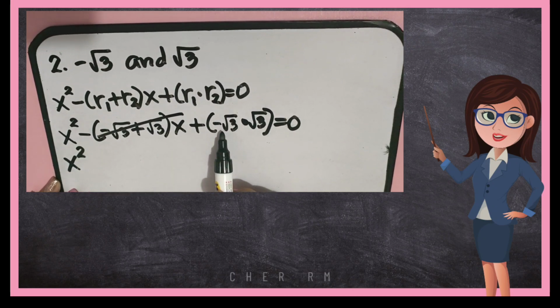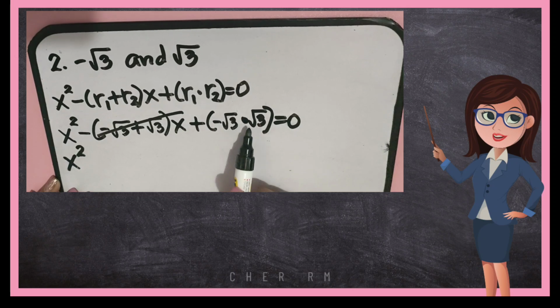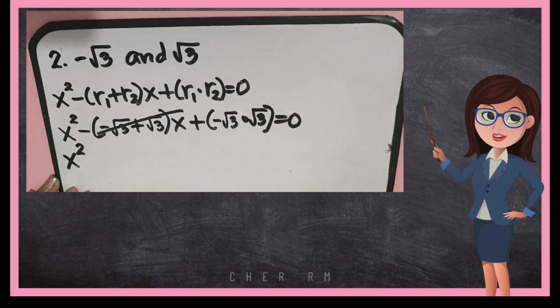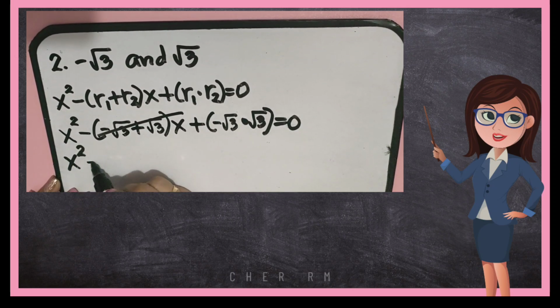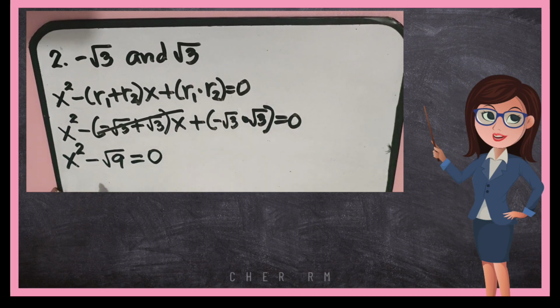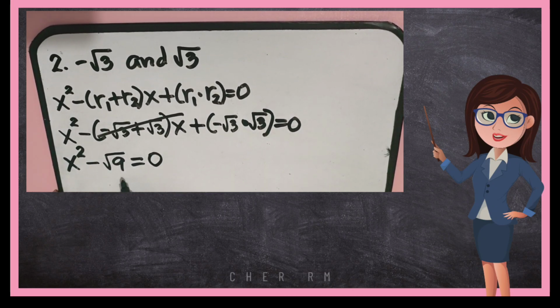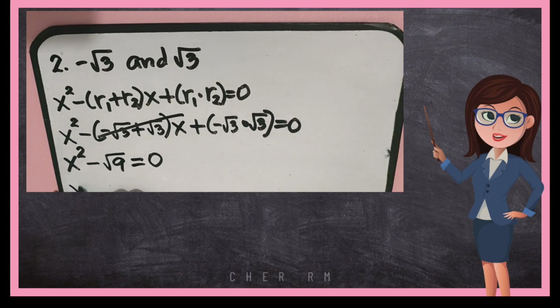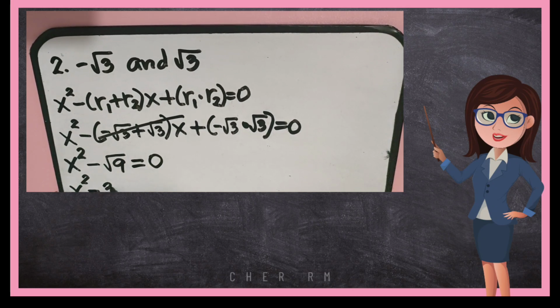Then we have negative square root of 3 times square root of 3 is negative square root of 9 equals 0. Then after that, simplify the result again. We have to get the square root of 9. So square root of 9 is 3.